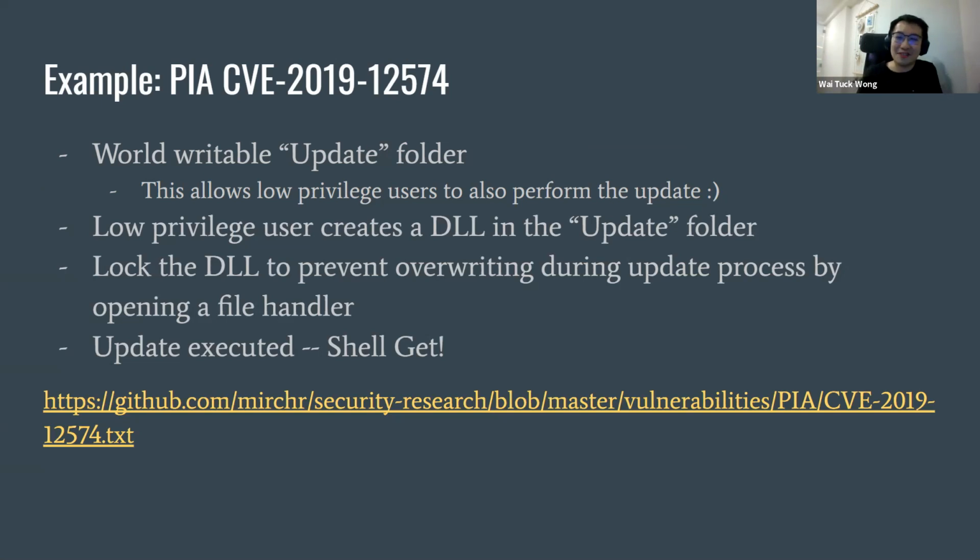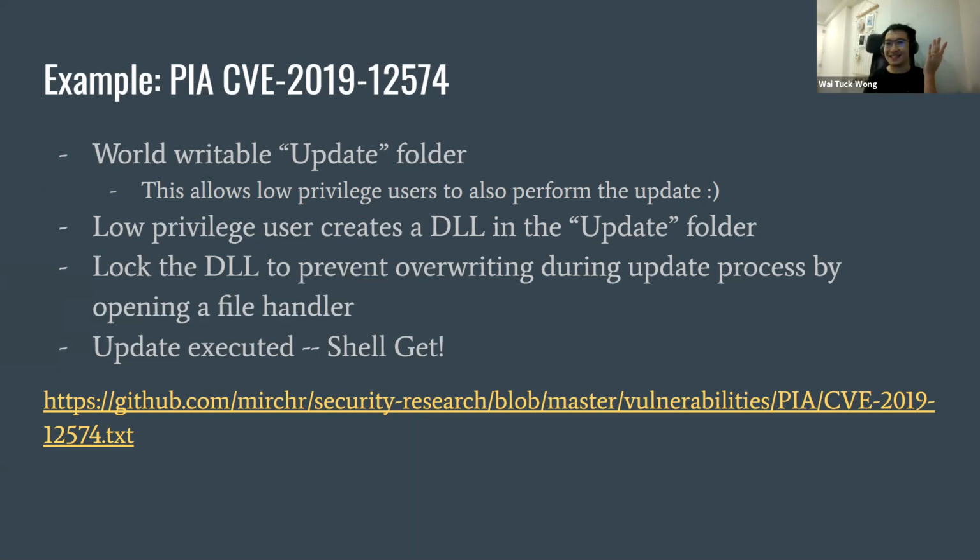But the low privilege user can also create files in this update folder. So in the process of updating, maybe the update process needs to load some DLL. The low privilege user can actually create the DLL first and then lock that DLL from being overwritten.